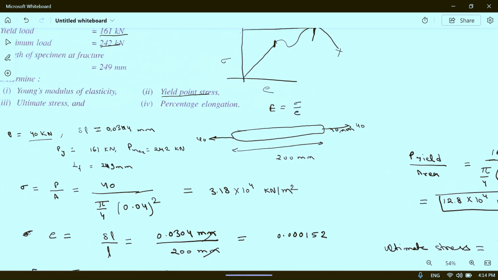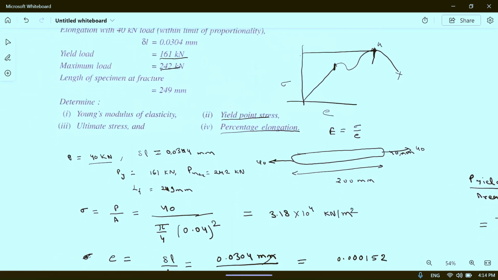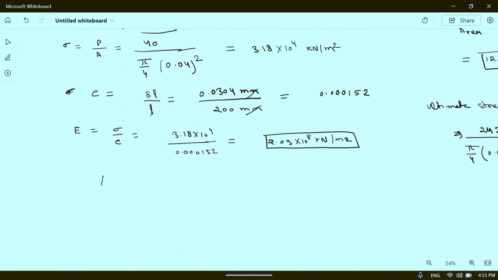Now we have to find percentage elongation. See, what was initial length? Initial length was 200 mm and final length is 249. So percentage elongation is equal to final length L final minus L initial upon initial length L initial into 100.